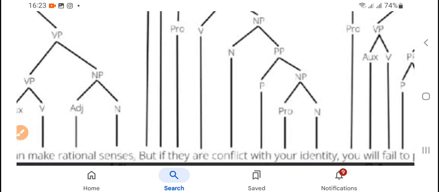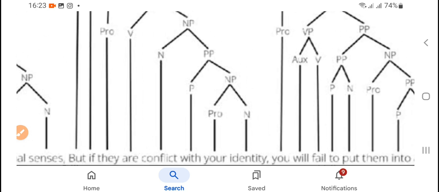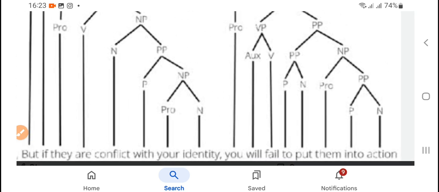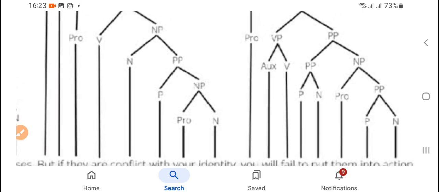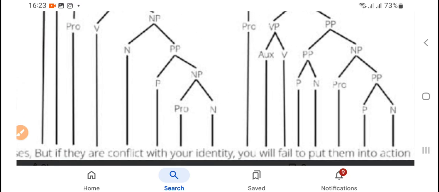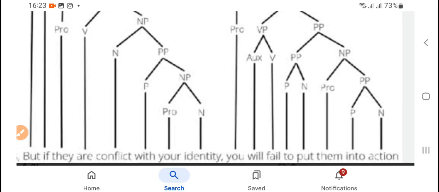And then you will fail, again another sentence, you will fail to put them into action. You, right, is the subject. Then will is a helping verb, right? Fail, that's the main verb.